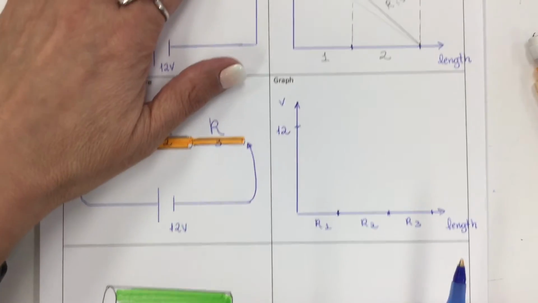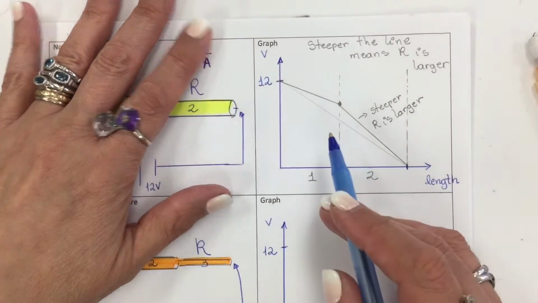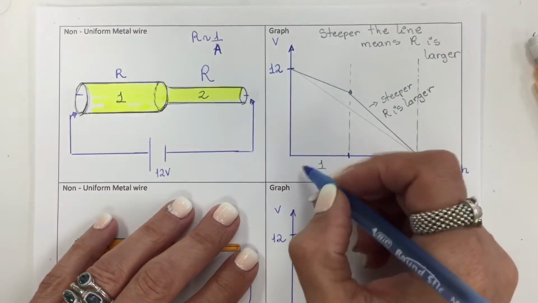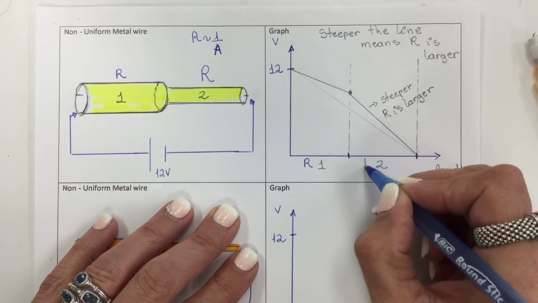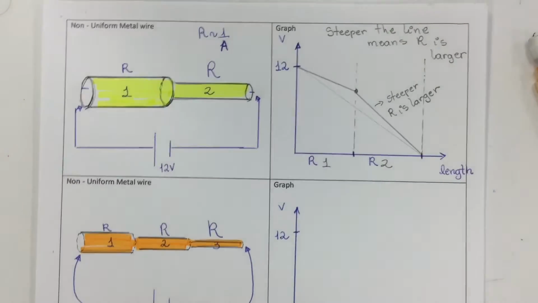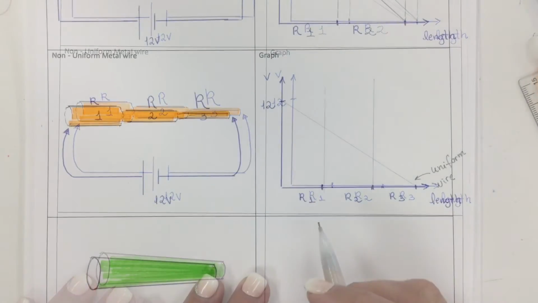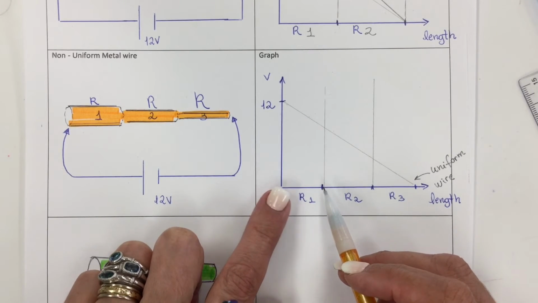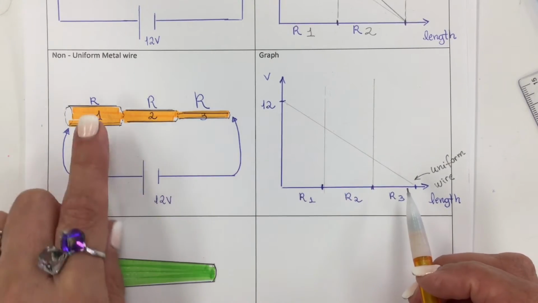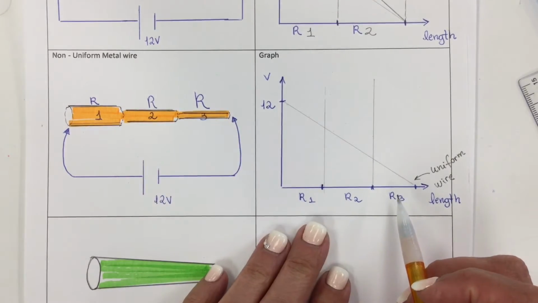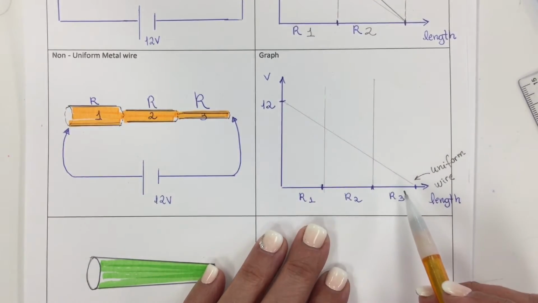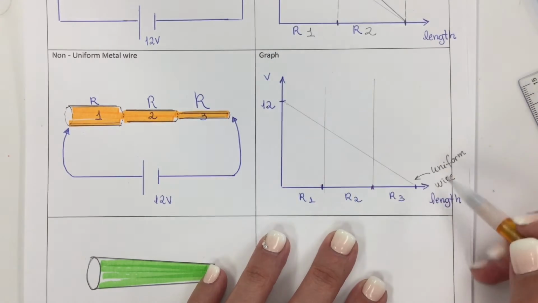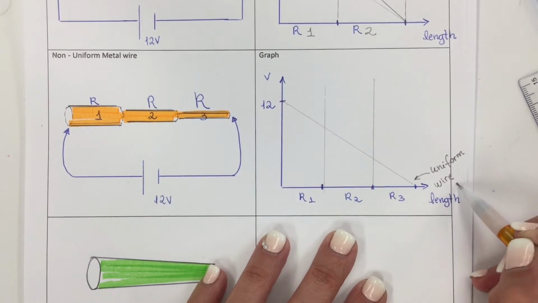I want to make a correction here, not a correction, just following the same pattern. So let me call this here R1 and this R2, just like I did. I think it's a good idea. So here I'm representing those 3 sections for each segment of this wire, and this thin line represents how the graph is for a uniform wire.